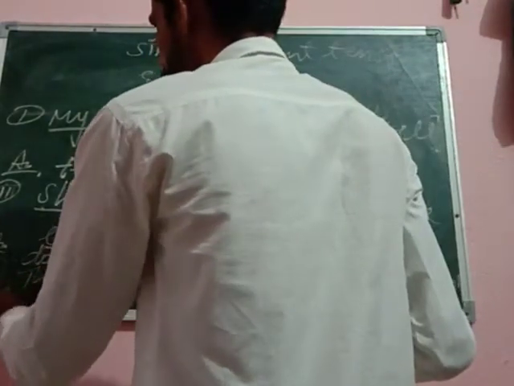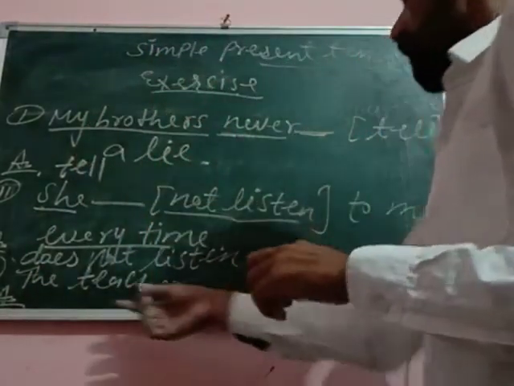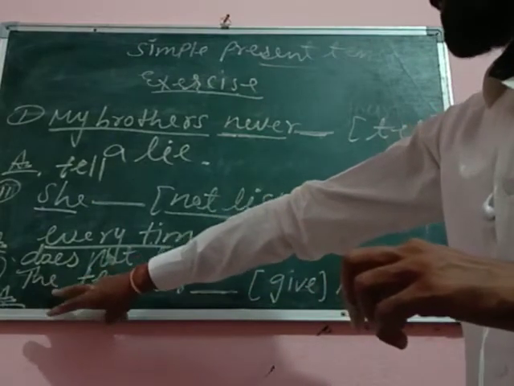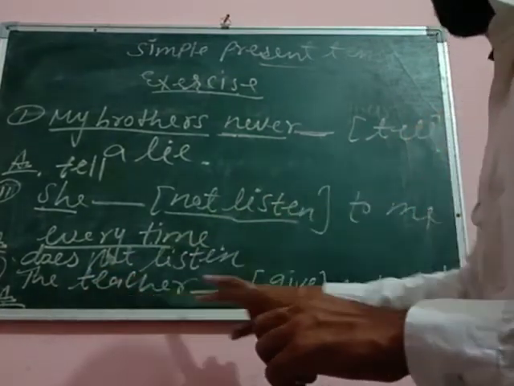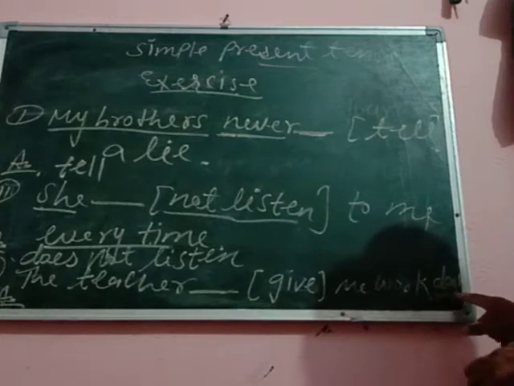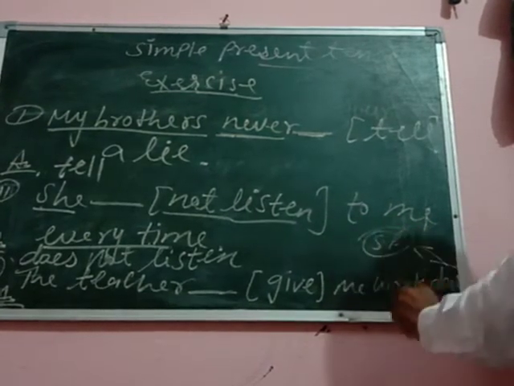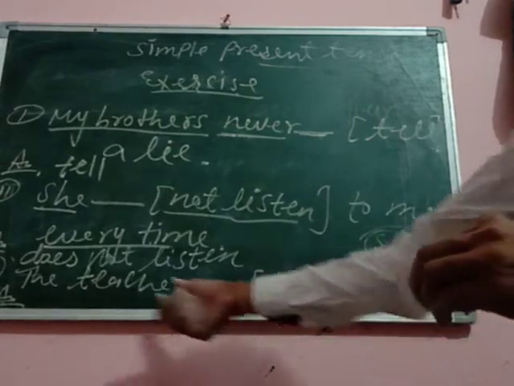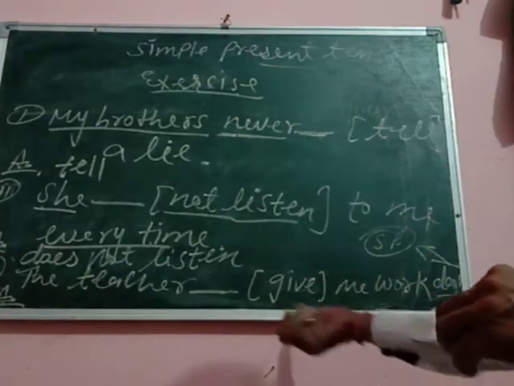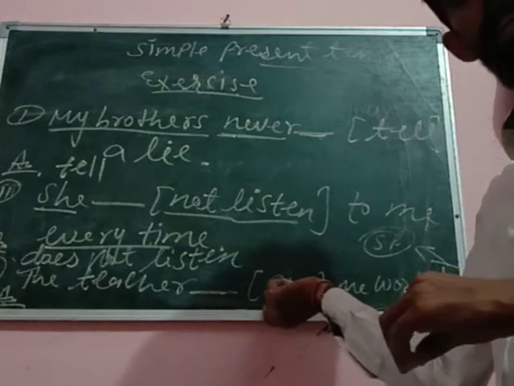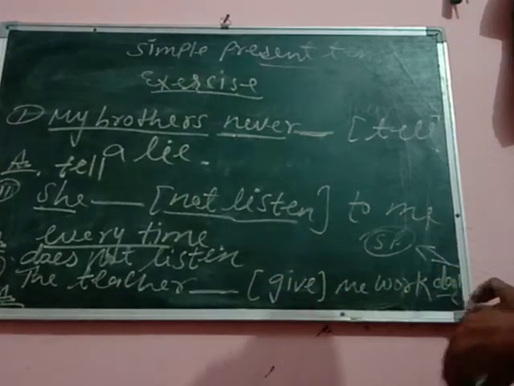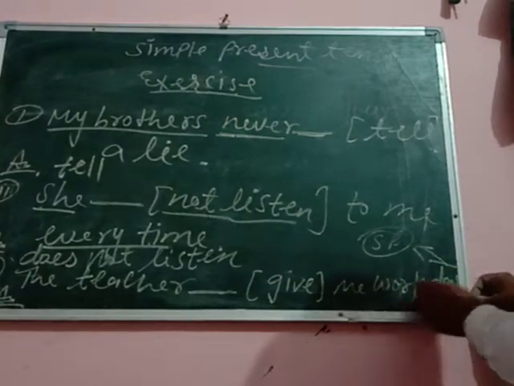The answer of the next question is: first see the sentence, the teacher blank give me work daily. Daily is the time adverb of simple present tense. The sentence which has been given to us is affirmative because there is no not in the brackets and there is no interrogation mark at the end of the sentence.